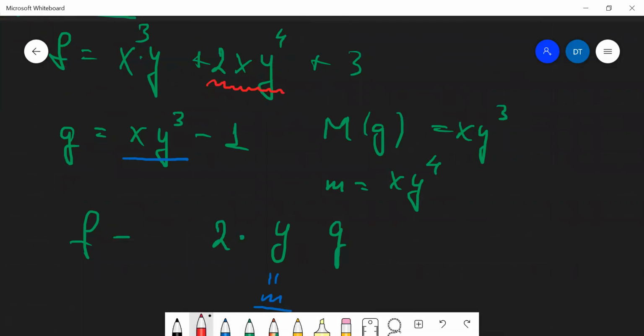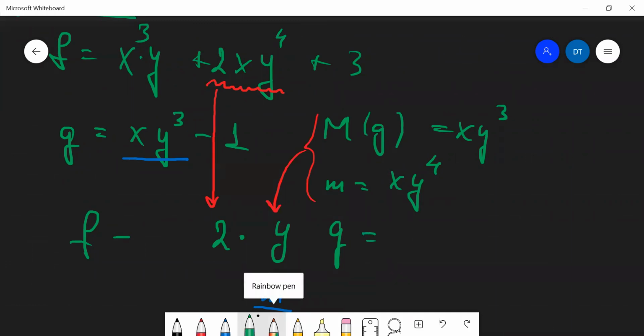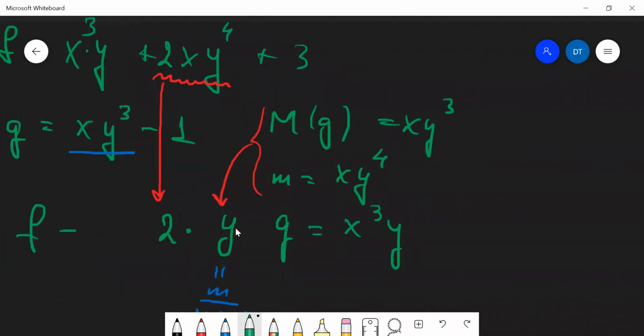So this comes from here, and these two give me this one. And when I subtract, the result will be, first of all, x cubed y. This is the first term here. And after I subtract this polynomial from this one, this term becomes 2y, and the remaining 3 is here. So this is the new term which I will get after the elementary reduction.